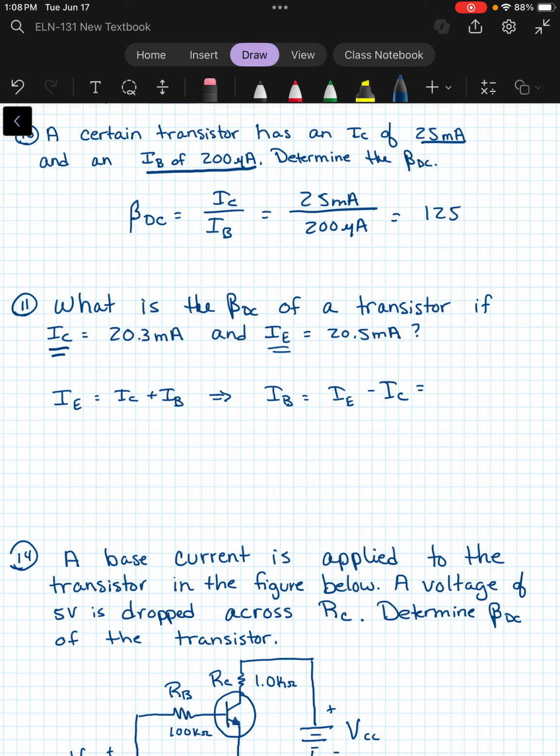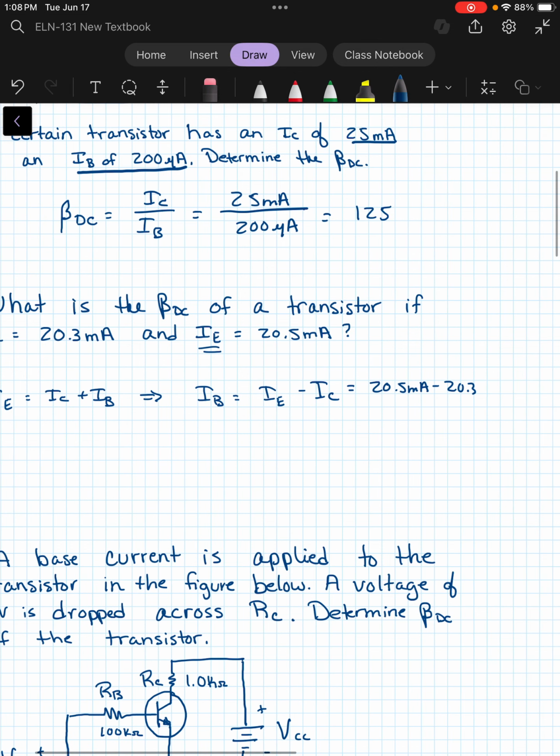So we've got 20.5 milliamps minus 20.3 milliamps. Is this about 200 microamps?